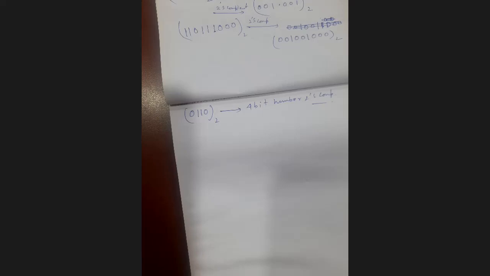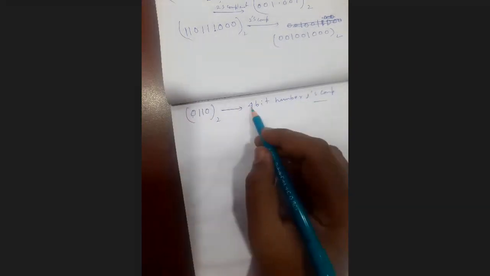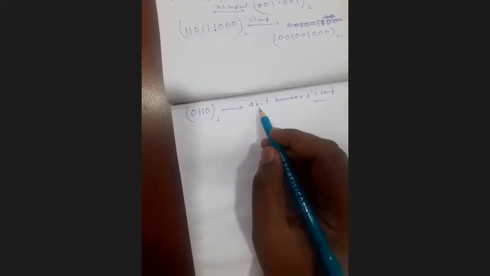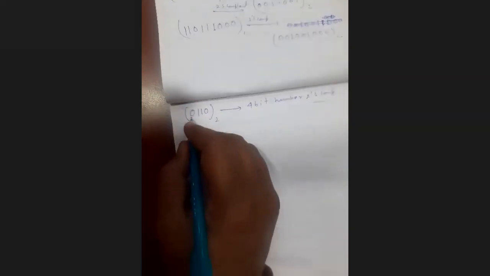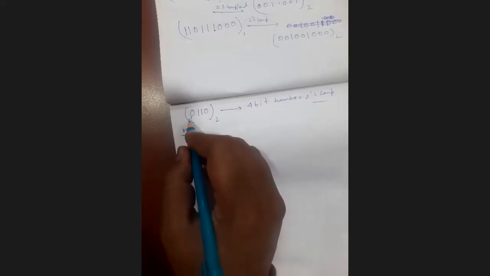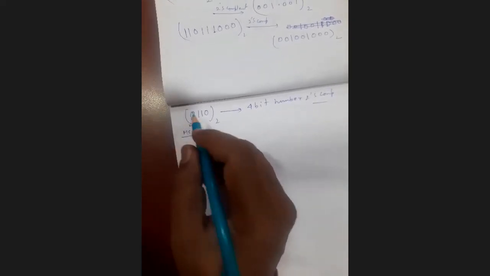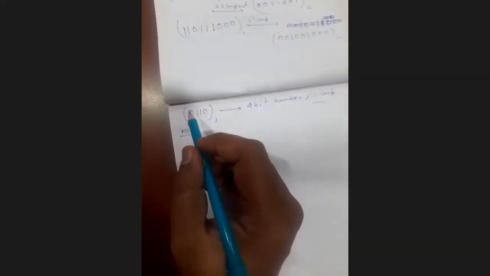Am I clear? For the 4-bit representation the MSB is 0, which means a positive number. So if we apply the 2's complement of this positive number, the same number is repeated.